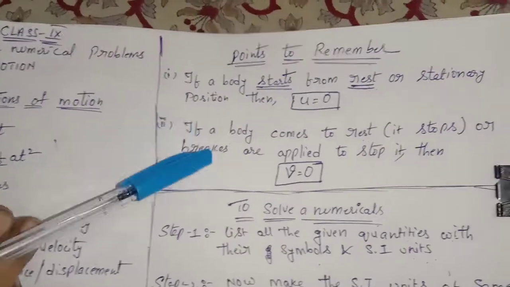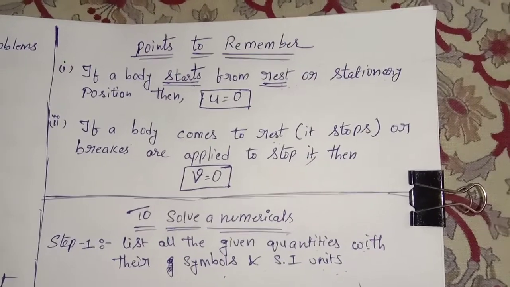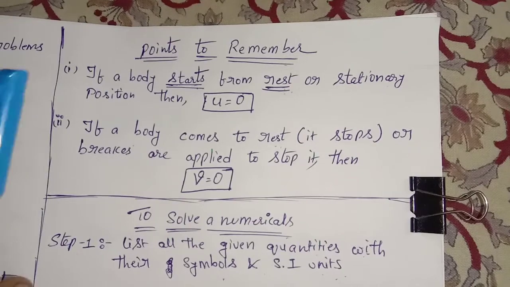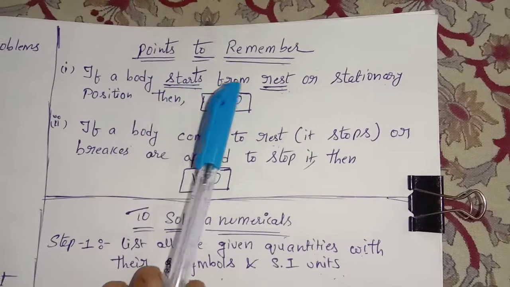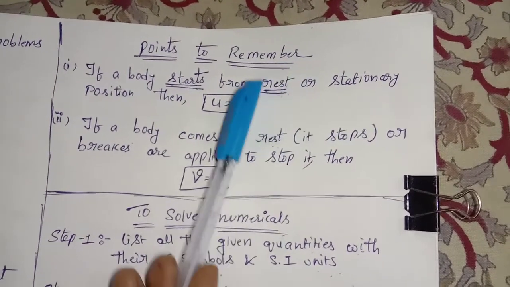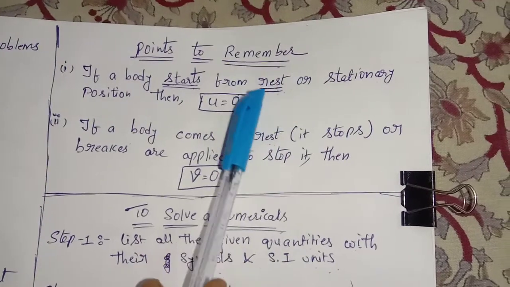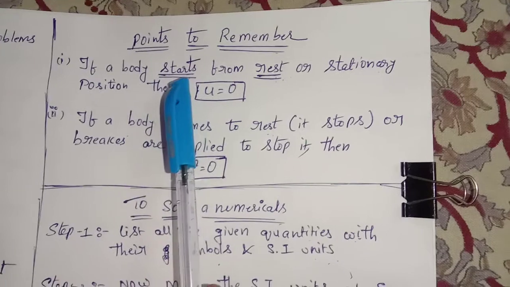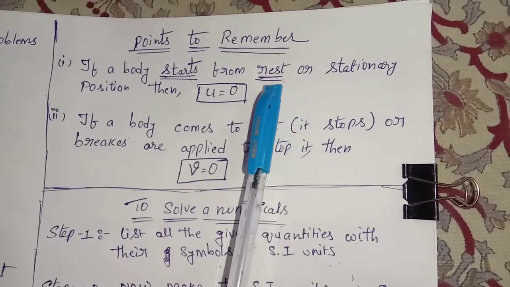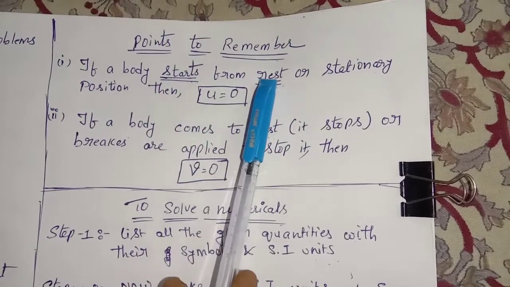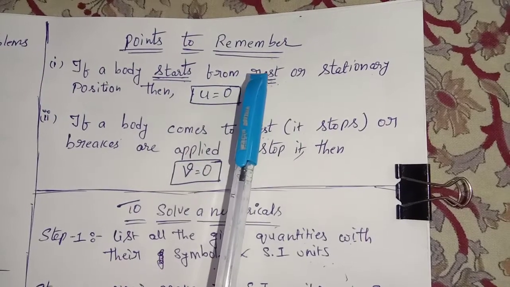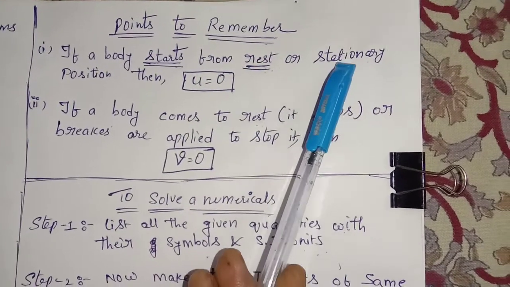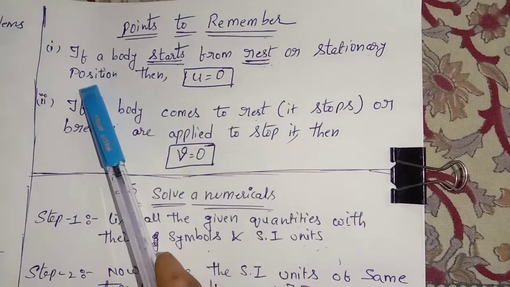Next, points to remember. In the problems, they may say that a body starts from rest, meaning the starting position, or they may say stationary position. It is not compulsory that they say starting from rest. Sometimes they will not say that a train is traveling at some point; they may say it is starting from a stationary position.